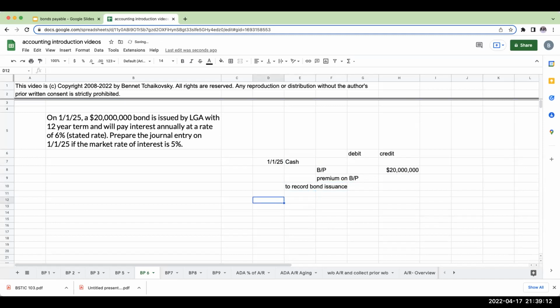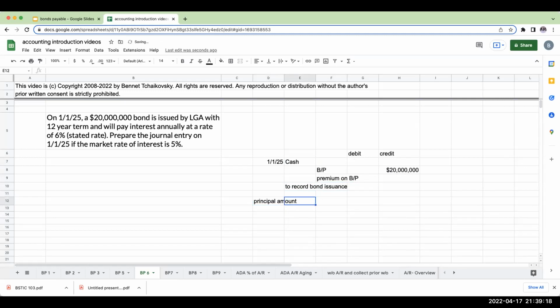Okay, let's go ahead and start this up. My principal amount, or the amount that's going to be paid at the end of 12 years, is going to be $20 million. To present value this back into today's dollars, I'm going to use present value of $1.